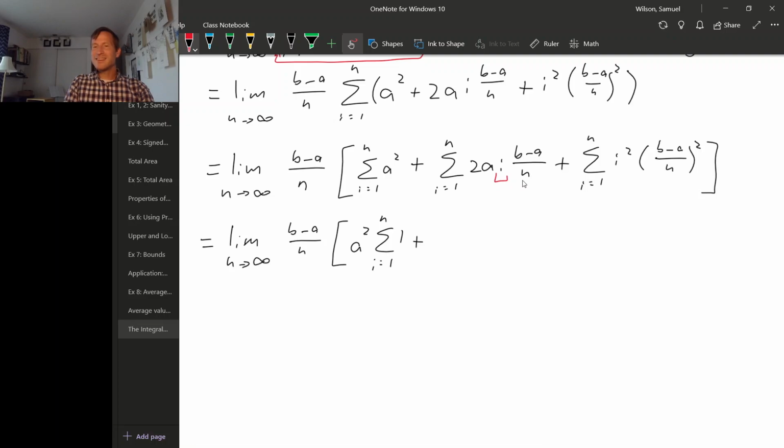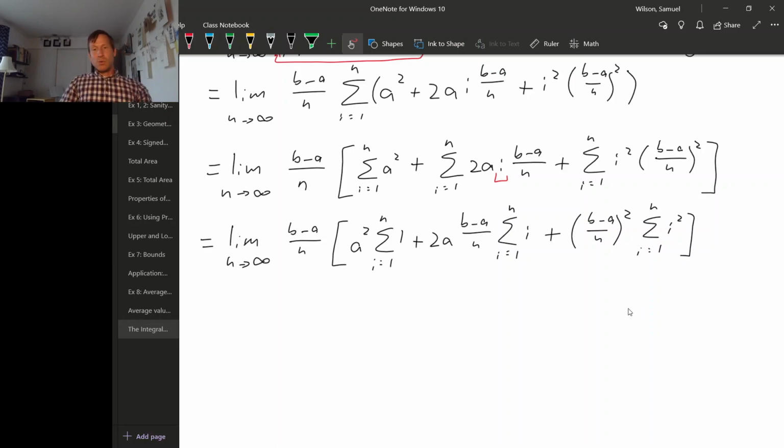The i has to stay inside the sum because that's what changes for each term in the sum. But everything else we can factor out. So 2 times a times (b minus a) over n times the sum from i equals 1 to n of i. Plus, and then for the last one, this ((b minus a) over n) squared is what we can factor out. So ((b minus a) over n) squared times the sum from i equals 1 to n of i squared.